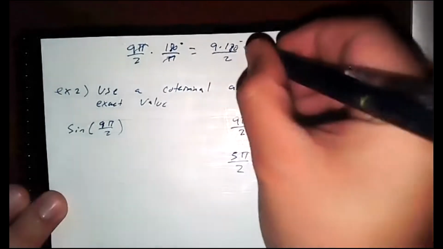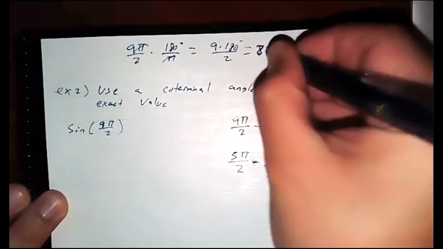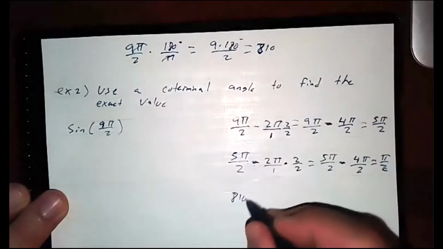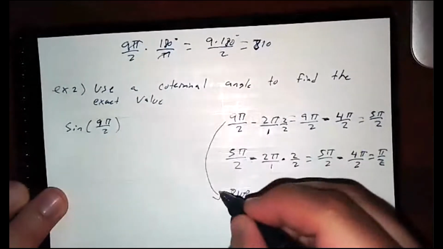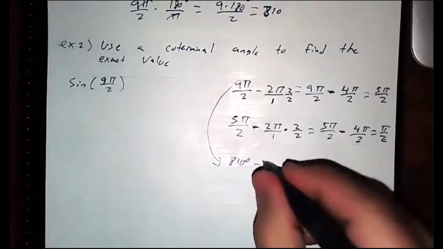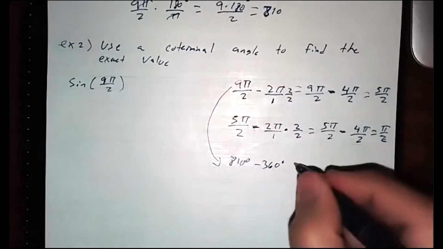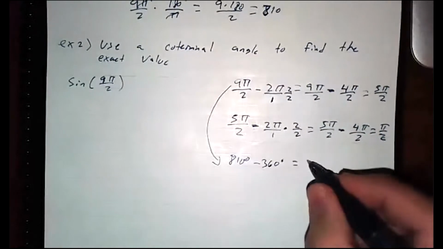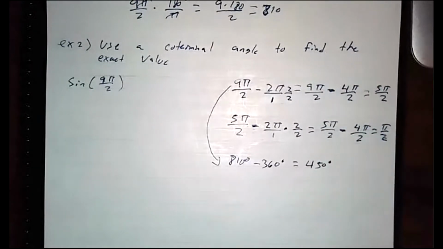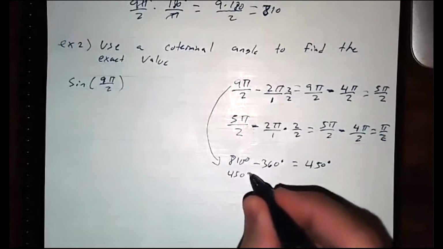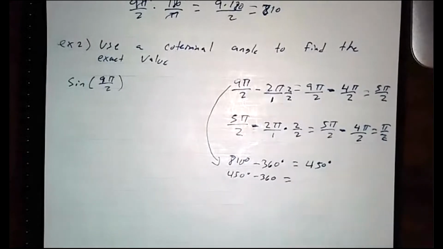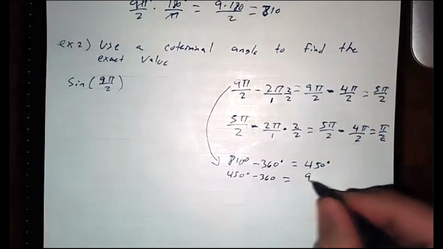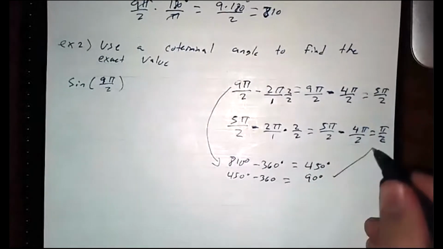So you could take the 810 and subtract 360 if you don't want to deal with the fractions, which gives 450. Then do it again, still bigger than 360. That gives you 90. So these two are the same deal.